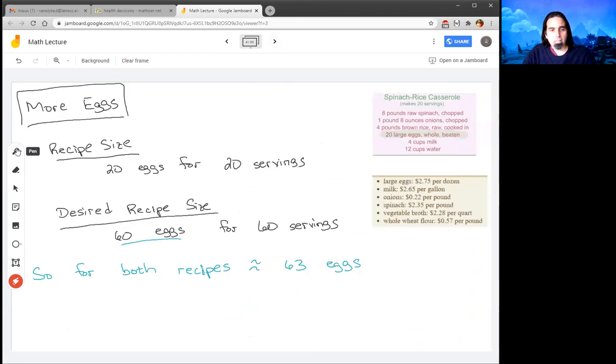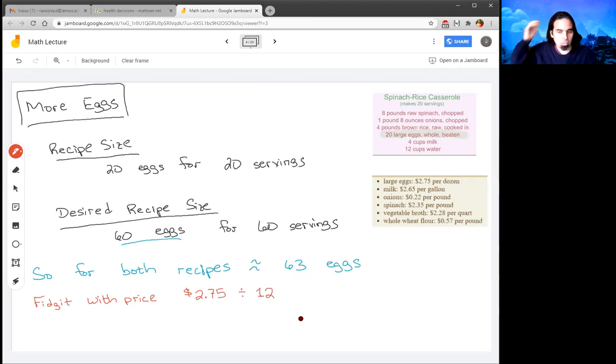So let's look at it and say, eggs cost $2.75 per dozen. And now I have something that's not quite fitting. I want 63 eggs, but my price is per dozen. So first let's fidget with the price. We'll take the 275 and divide that by the 12.